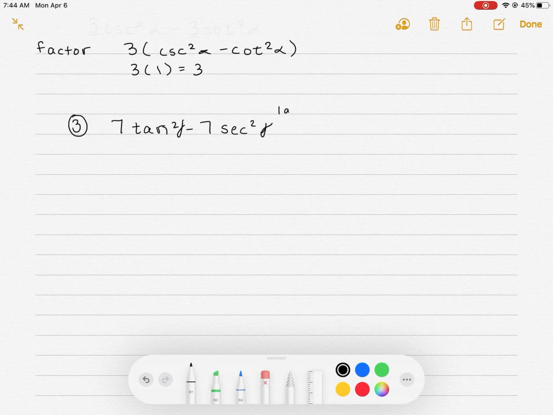So that's called lambda there. You'll see it spelled either of those 2 ways, and that's okay. So I look at the trig identity that's related to this: 1 plus tangent squared equals secant squared.